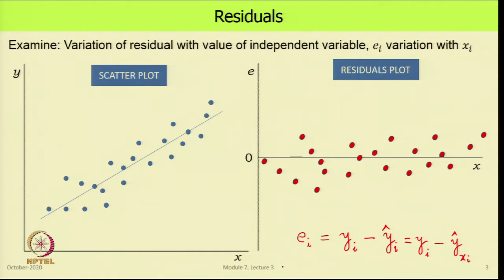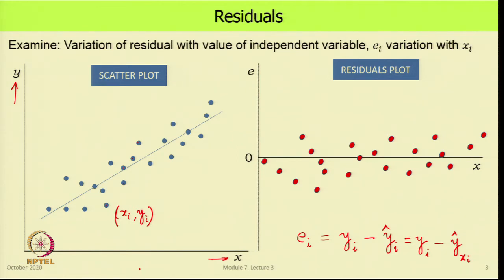Now, we look at a different aspect, which is the plot of residuals. On this picture on the left side, we have all these data points. The x axis is x, and y we have plotted on the y axis. Each one of these represents a combination x_i, y_i.